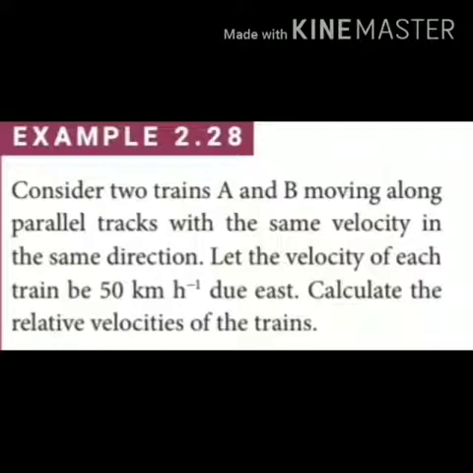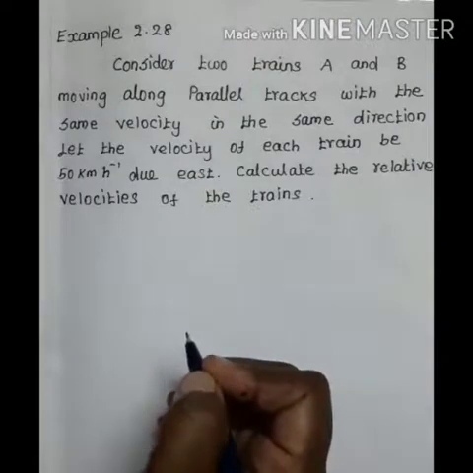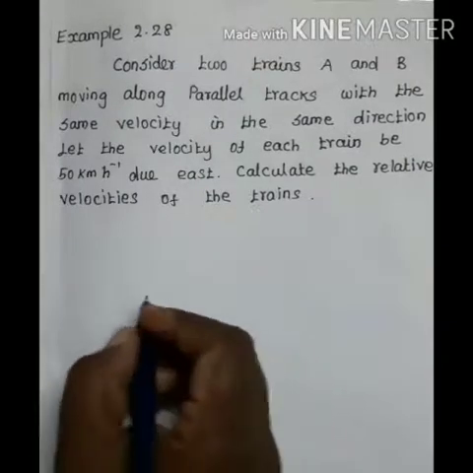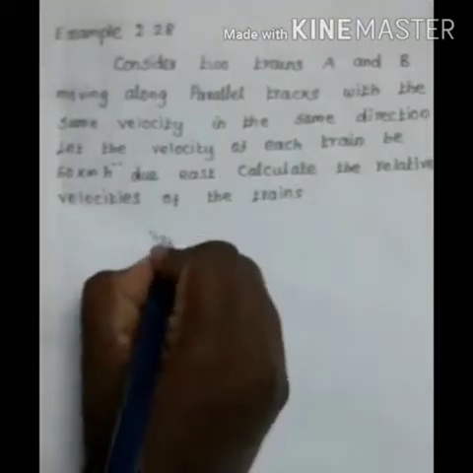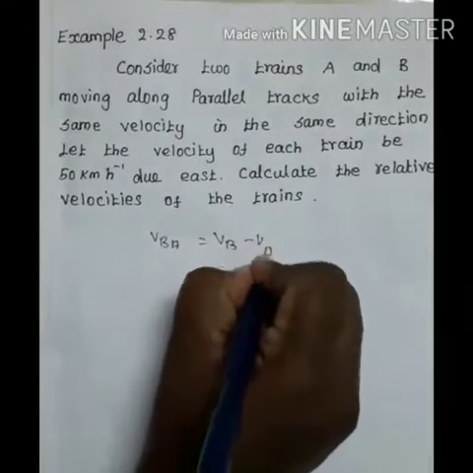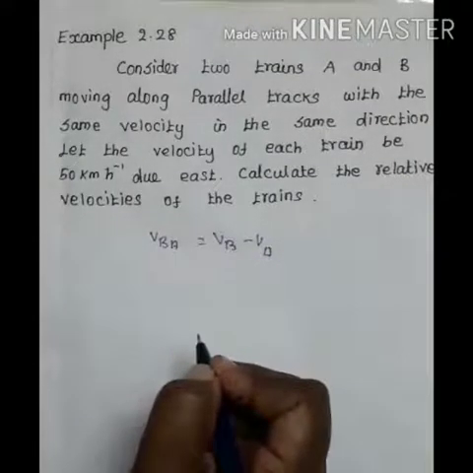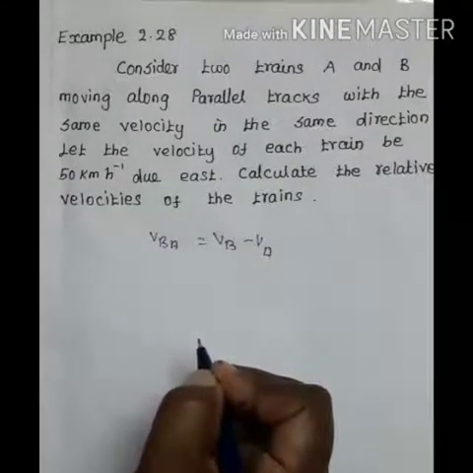Now we substitute into the formula. The relative velocity of B with respect to A: v_BA = v_B - v_A. Both trains A and B have the same velocity, 50 km/h.